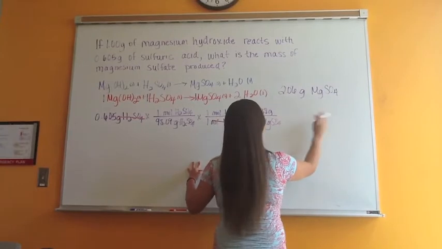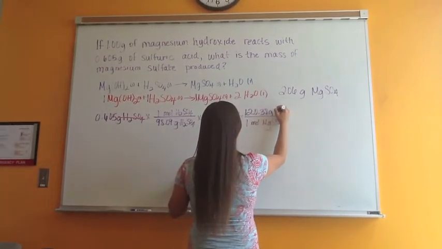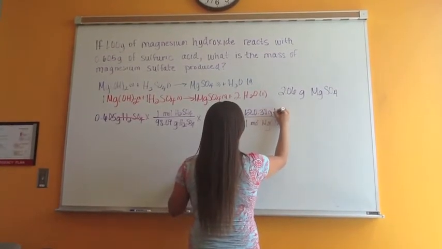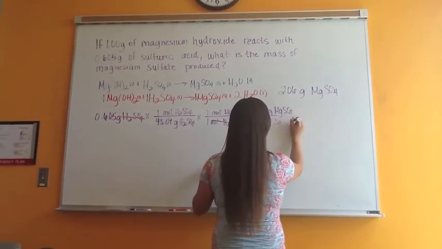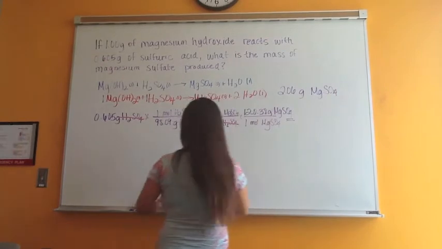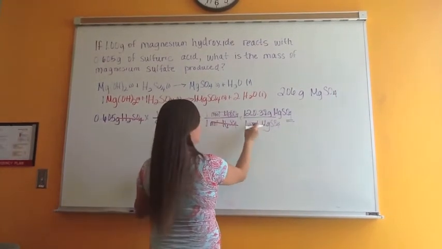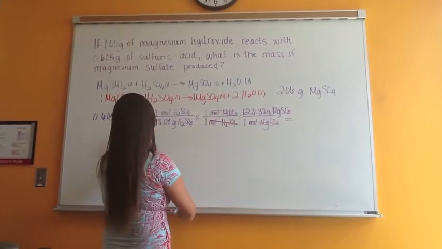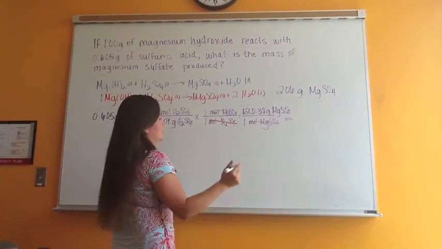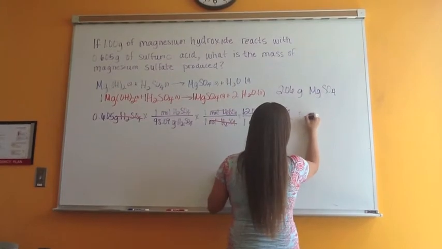Then we get rid of these, and what you're left with is the magnesium sulfate. So we do the math with that.